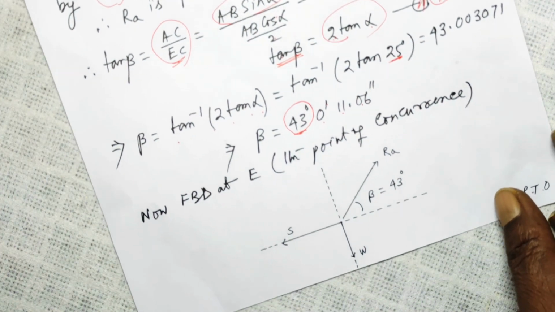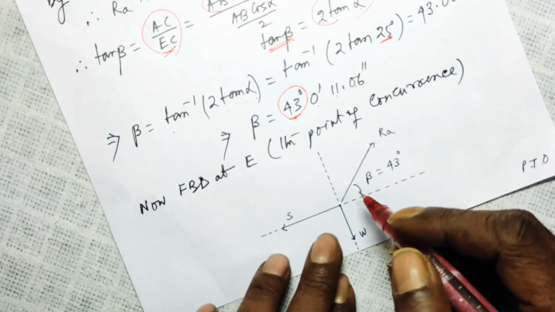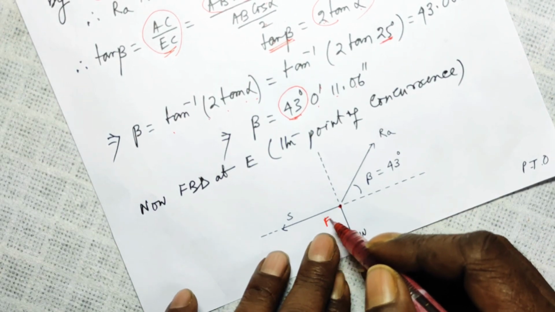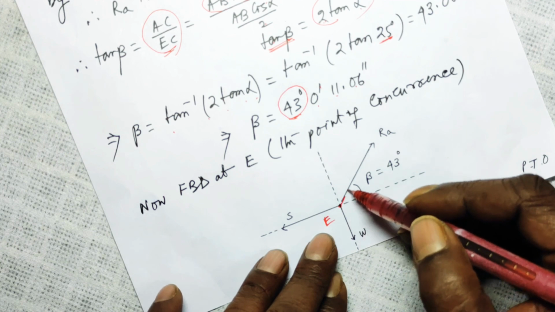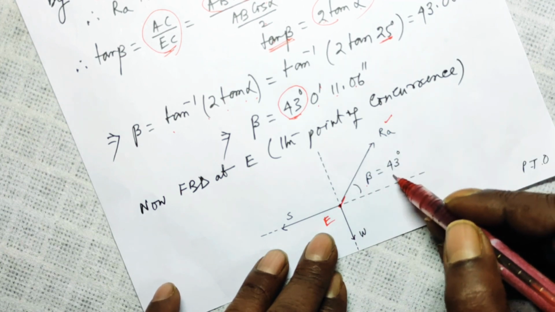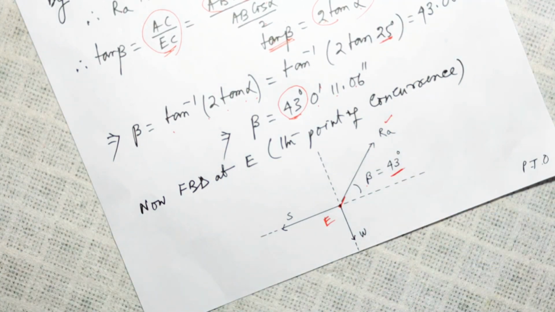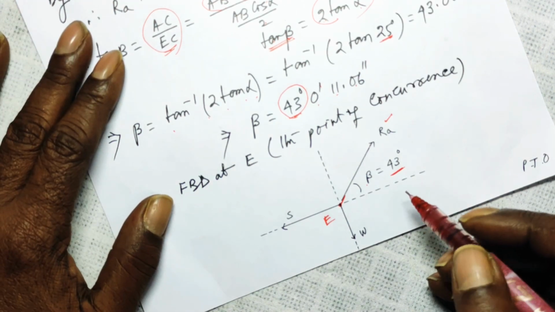So now the free body diagram at point E. I just explained why RA is pointing to this side, and this beta is found out. Now we can apply sigma y equal to 0.